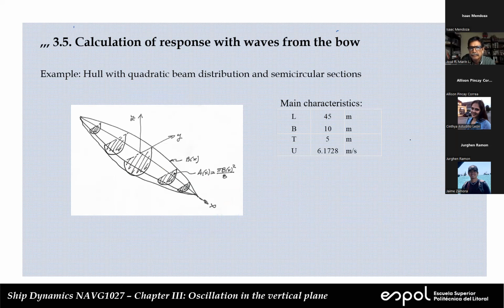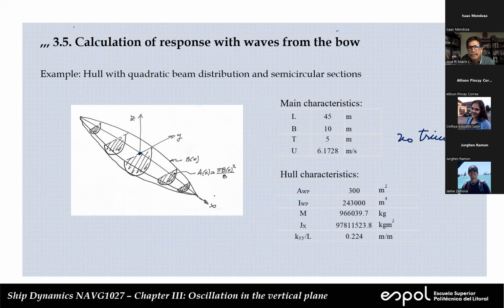Okay. So since there is no trim, this is a quadratic and each section is semicircle, then it is symmetric with respect to midship. So the center of gravity is here, okay? So xg is going to be 0.